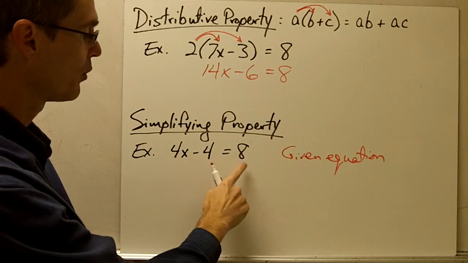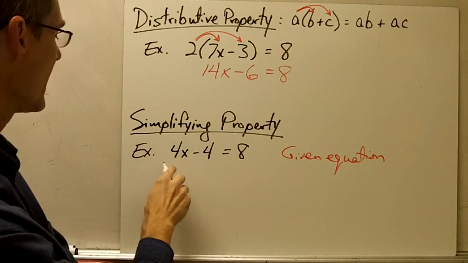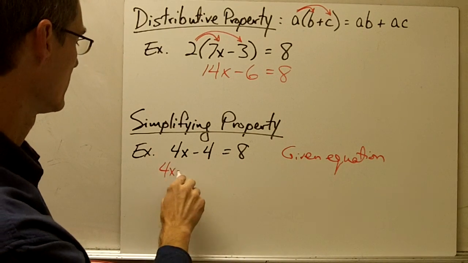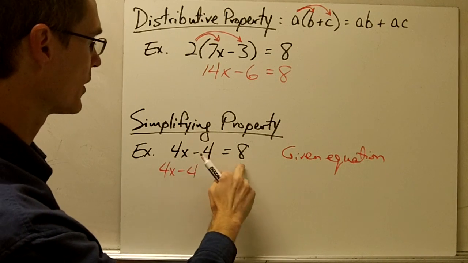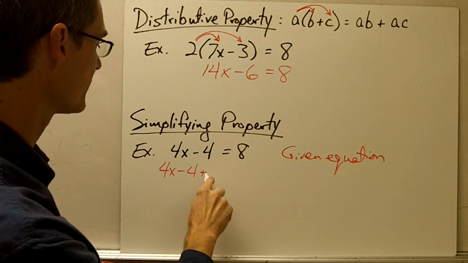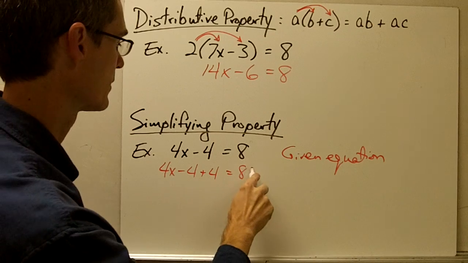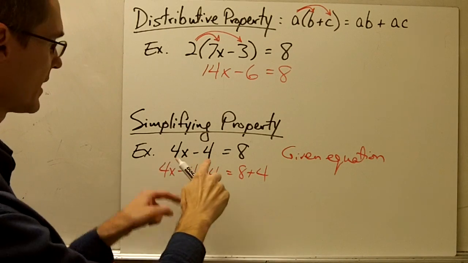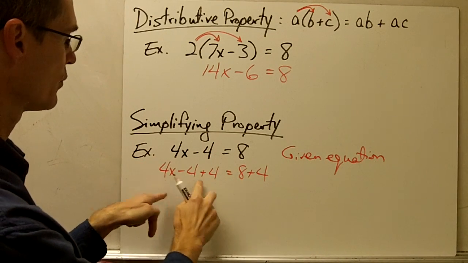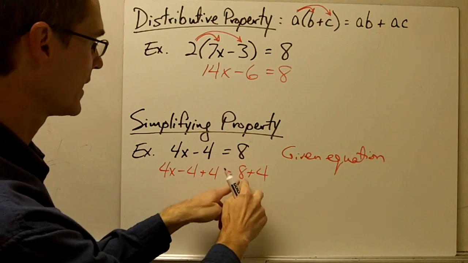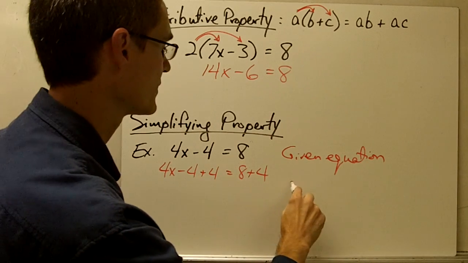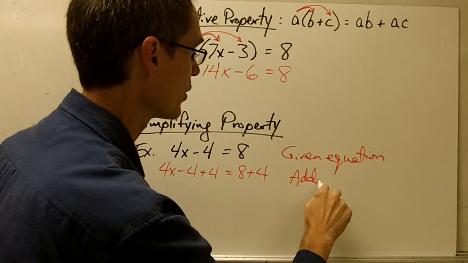You're going to want to add 4 to both sides of the equation. And I'm going to write this out, instead of writing plus 4 and plus 4 like I normally would, I'm going to go ahead and write this out like this. So I take this and add 4, 4x minus 4 plus 4 here, and then 8 plus 4 here. Right? And so this, I would say, is the addition property.